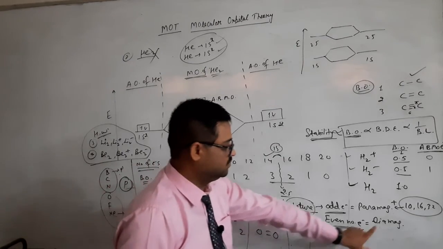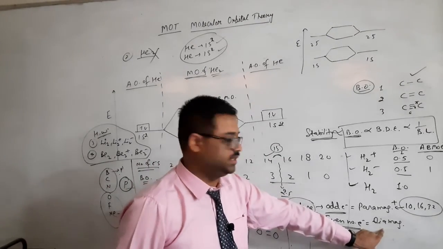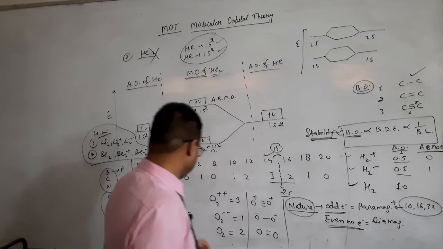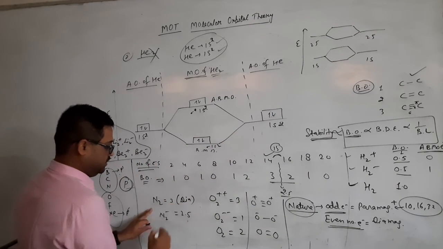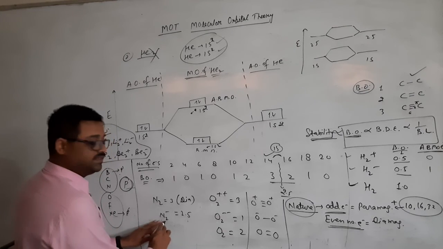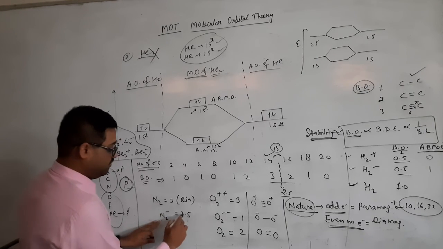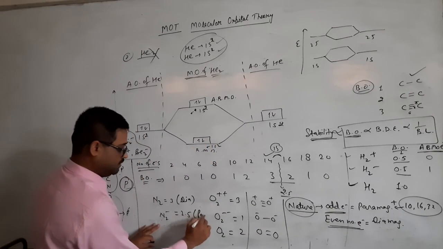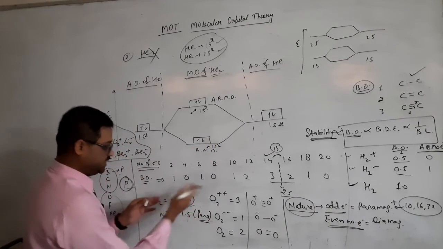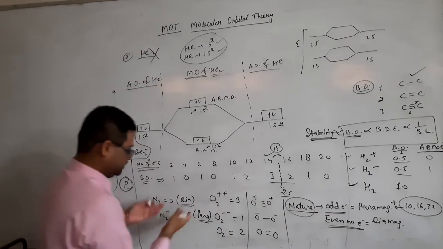Even number means diamagnetic, so the nature will be diamagnetic. Clear? Now N2 minus is 7, 7, 14 and 1, 15. 15 means an odd number, which means paramagnetic. So by this technique you can determine the nature also.